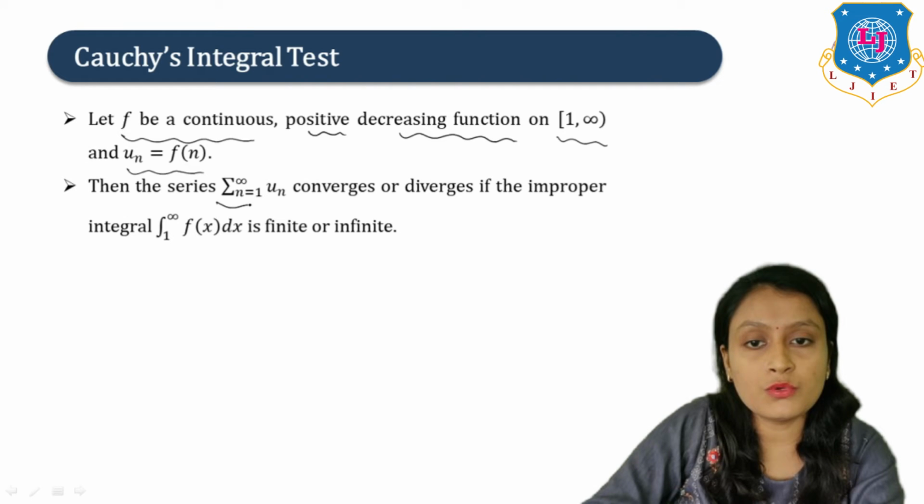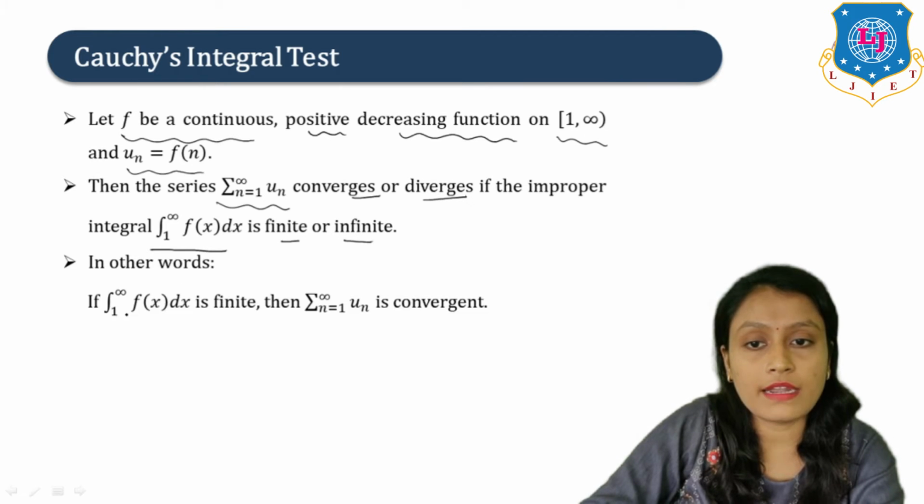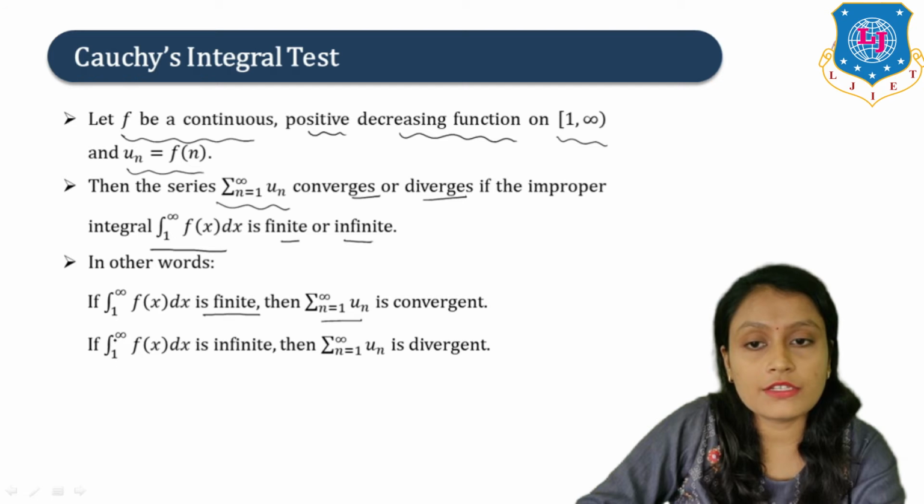Then the series Σun converges or diverges if the improper integral from 1 to infinity f of x dx is finite or infinite. In other words, we can write that if the integral from 1 to infinity f of x dx is finite, then the series Σun is convergent. And if the integral from 1 to infinity f of x dx is infinite, then the series Σun is divergent.